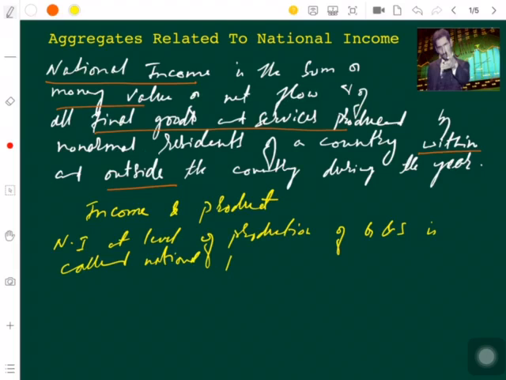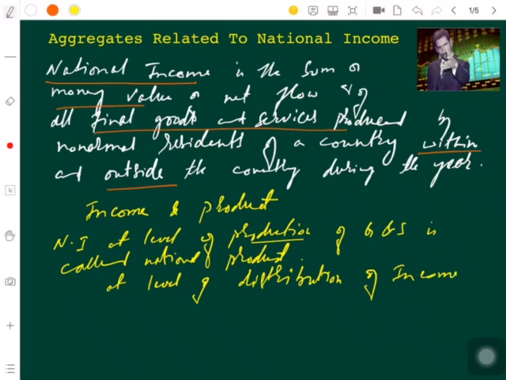National income at the level of production of goods and services is called national product, while national income at the level of distribution of income is called national income. So this was the thing which you need to keep in mind before we proceed with what we are going to do.